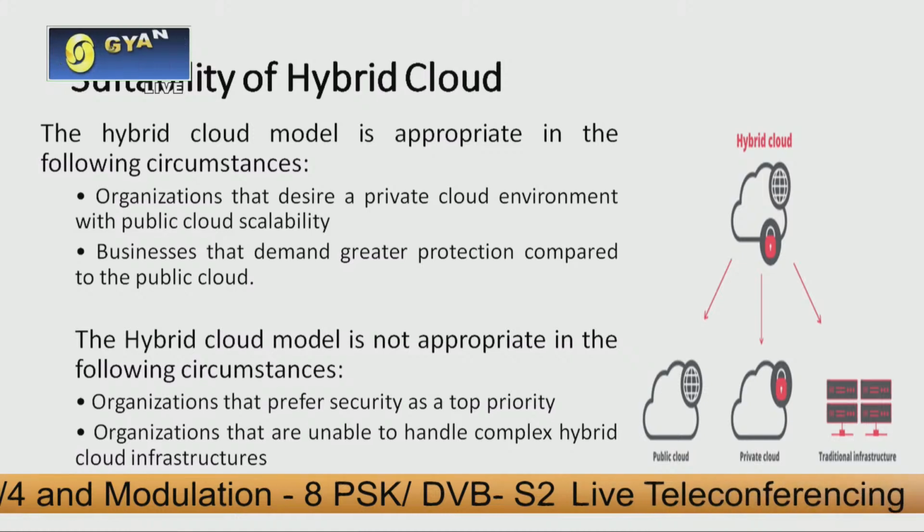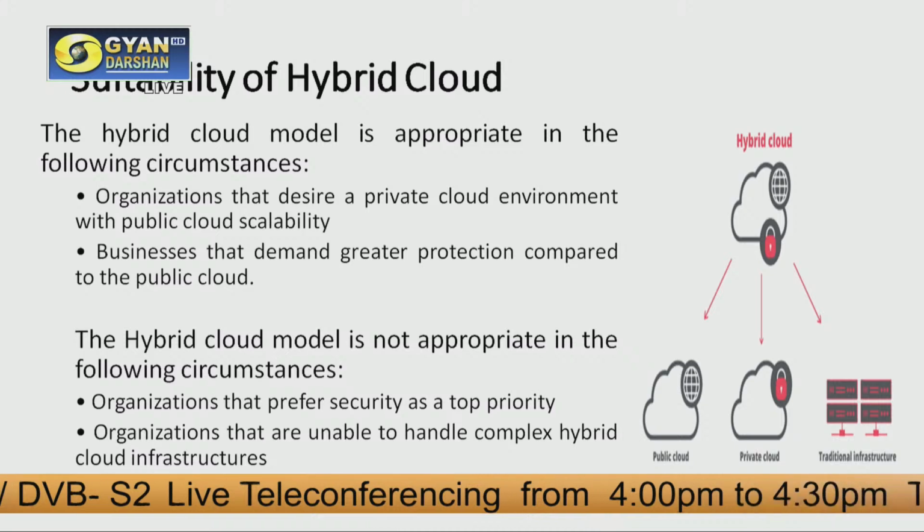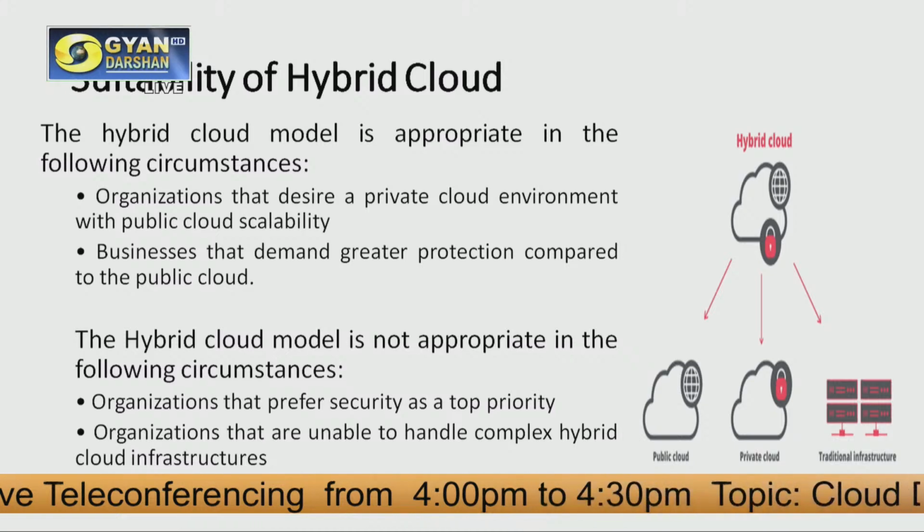And also for businesses that demand greater protection compared to the public cloud. As I already said, we need to define what level of security we want and what level of flexibility we want. That is the organizational policy which has to decide up to what level the data should be in the public domain and what data should be in the private domain.